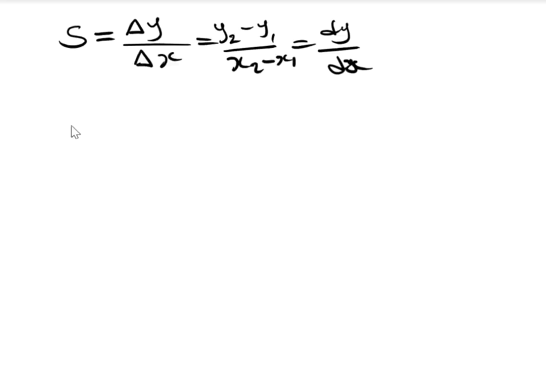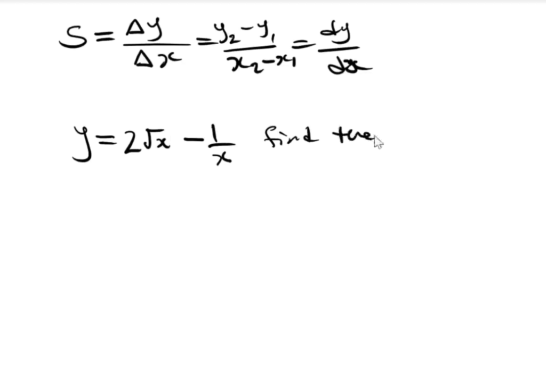Assuming we are given y is equal to 2 square root of x minus 1 divided by x, and we are asked to find the slope at point x equal to 1.